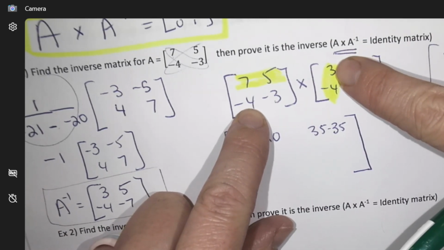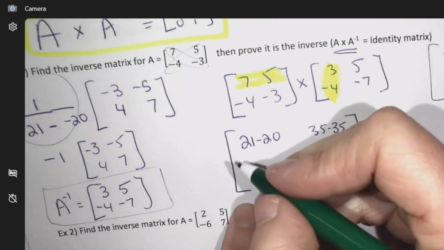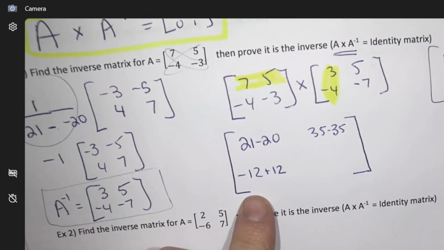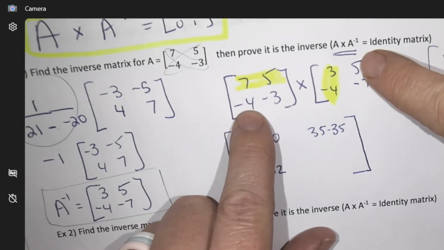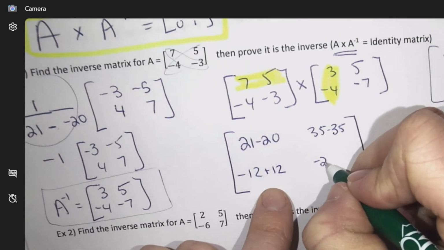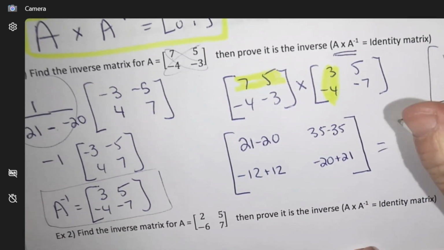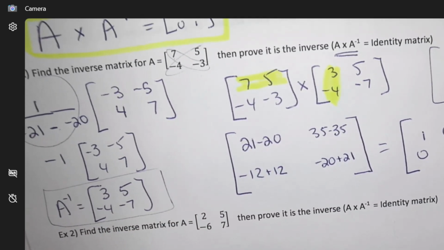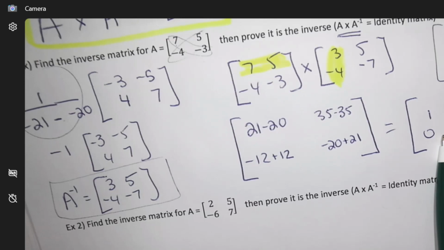So that would be negative 12 plus 12. And then the last combo is going to have row 2 matching with column 2. So negative 20 plus 21. There we go. When I simplify it, that's my answer.